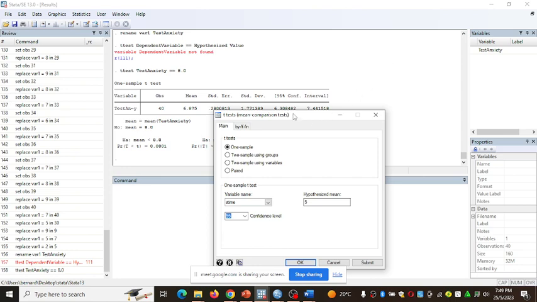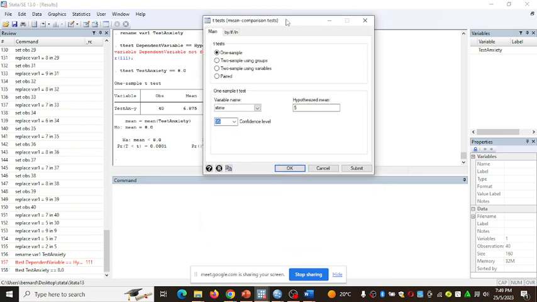We have so many options here. We have one sample, two samples using groups, two samples using variables, and paired. I want us to use the one sample. On variable name, you select test anxiety.